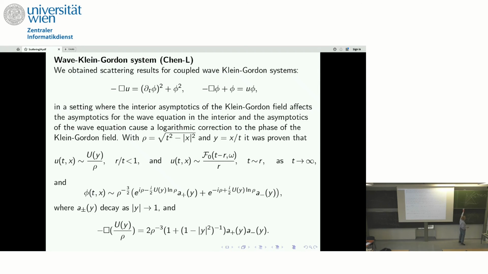It decays much faster, particularly along the lightcone. So there's nothing at null infinity for the Klein-Gordon, whereas in the interior the solution to the Klein-Gordon looks essentially like a function of x over t divided by t to the 3/2, I think, times the phase.